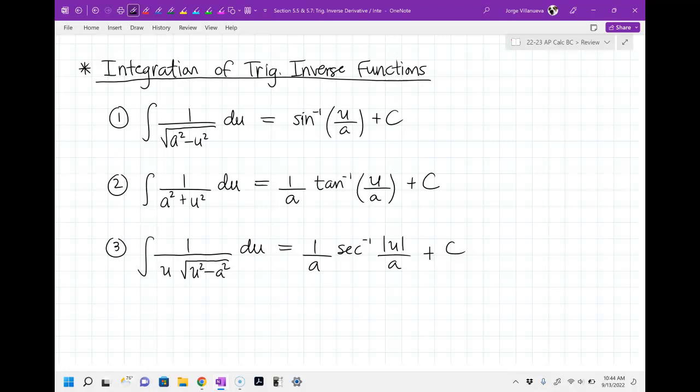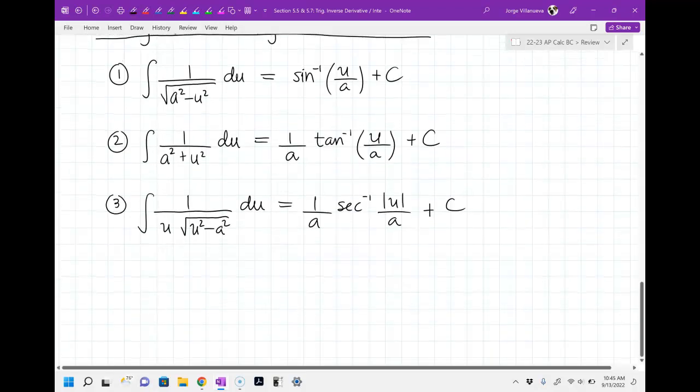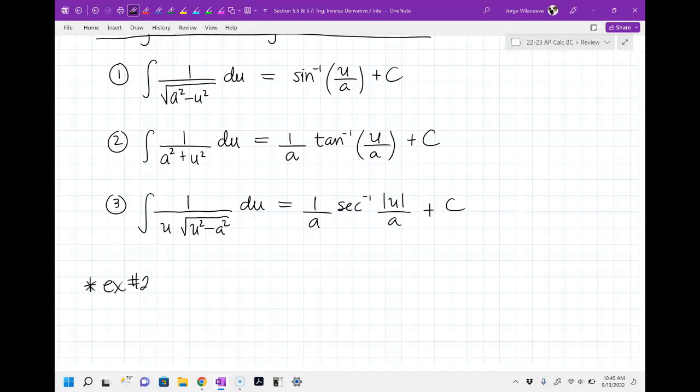Okay, so we're going to do some examples, and then I'll give you guys the homework for these two sections. So example number 2. Integrate the following.